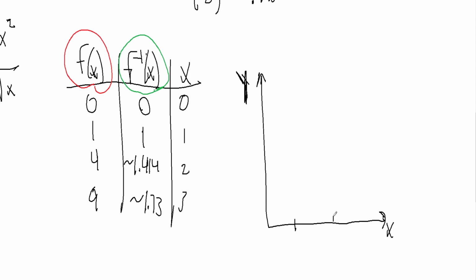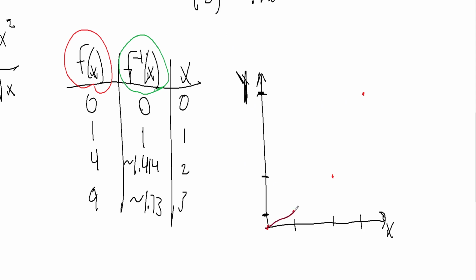So we got 1, 2, 3, and then we need to go up to at least 9. So that'll be 1, that'll be 4, and then way up here is 9. And so in red, we plot our f of x. So we have 0, 0, we have 1, 1, 2, 4, and then 3, 9. And we can connect the dots.